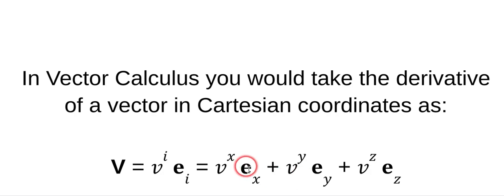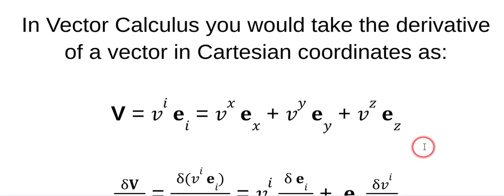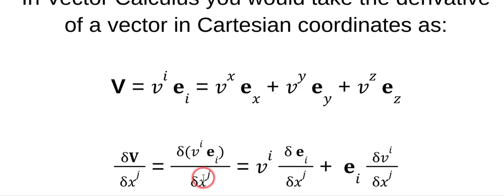You may have called these x hat, y hat, z hat. When you take the partial derivative of that vector with respect to an arbitrary coordinate, we put it in as its linear combination here. Now this is a product, so we have to do the product rule: the first times the derivative of the second plus the second times the derivative of the first.